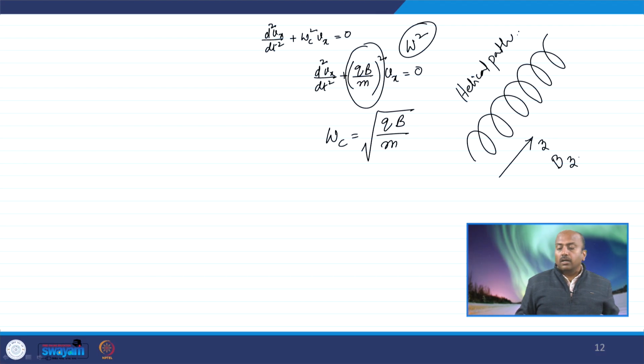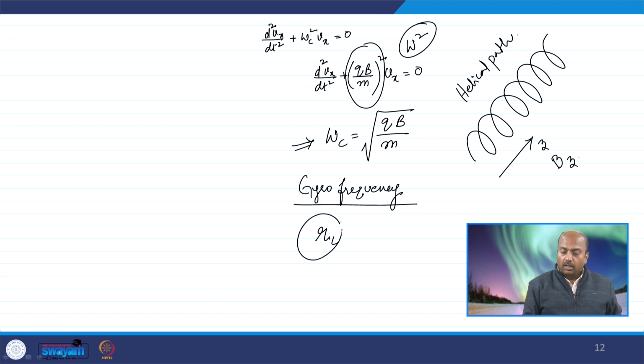So the fundamental frequency, or the number of revolutions per second, is given by this omega c, which we call the gyro frequency. And the radius that is associated with it is RL. This is called the radius of gyration.